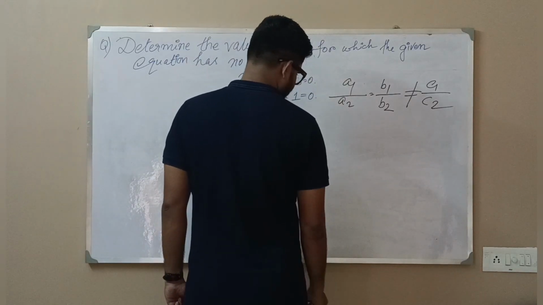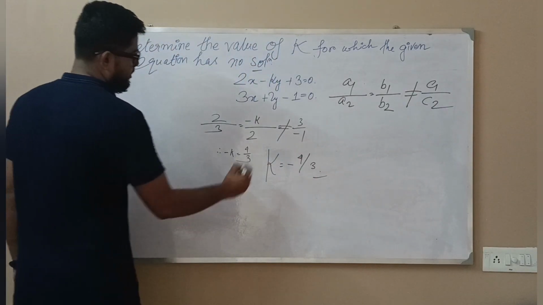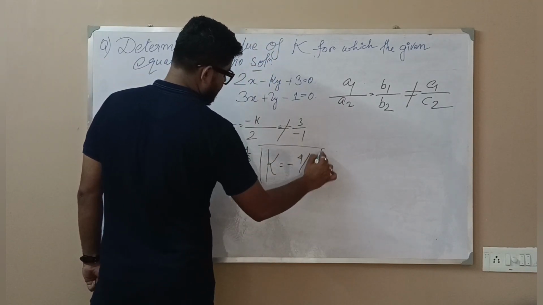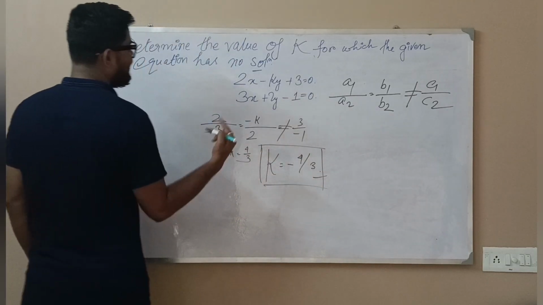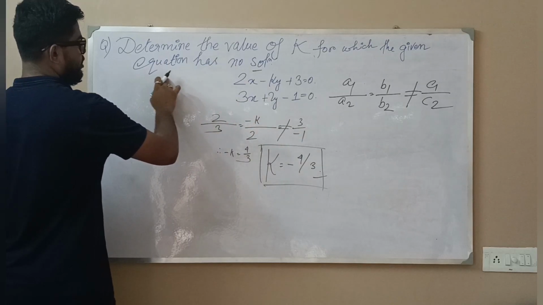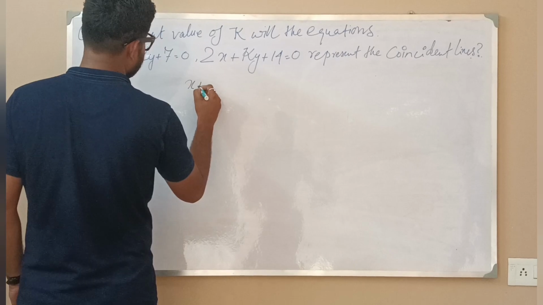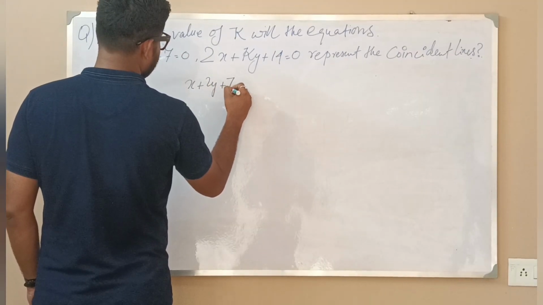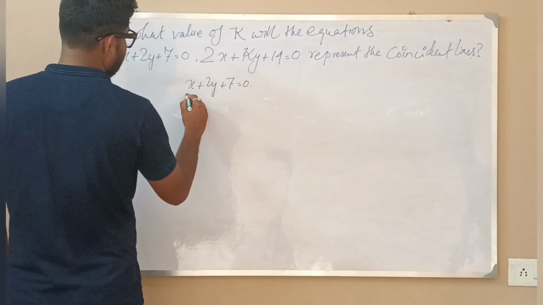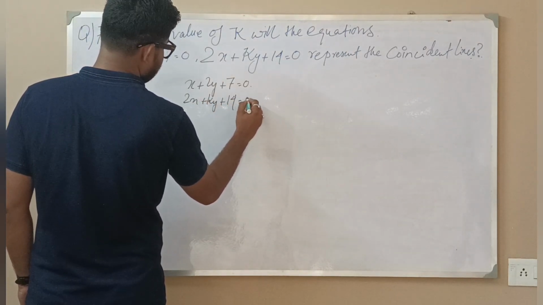Okay, so we can write that when k equals minus of 4 by 3, this equation has no solution. Now the next equations: x plus 2y plus 7 equals 0, 2x plus ky plus 14 equals 0.